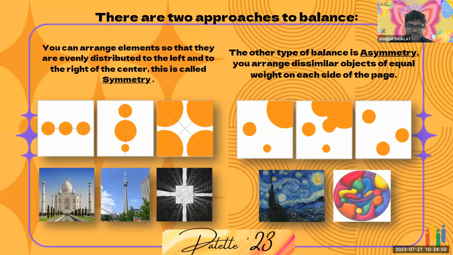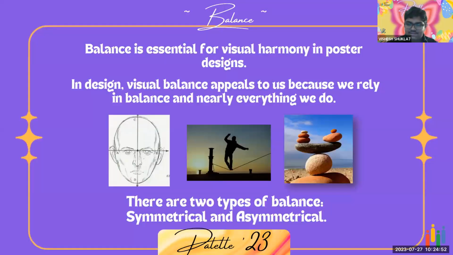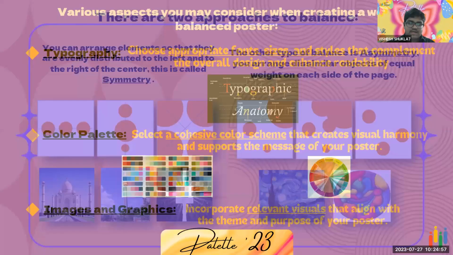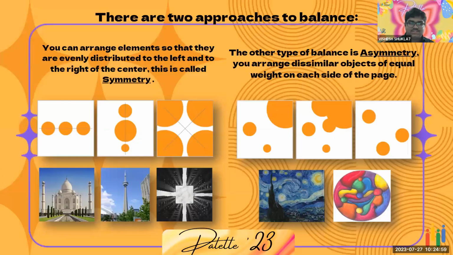Actually, I have a fun fact for you guys about the Taj Mahal. Even I got to know this yesterday. The Taj Mahal actually changes colors, it's like a chameleon effect. It changes colors three times in a day.